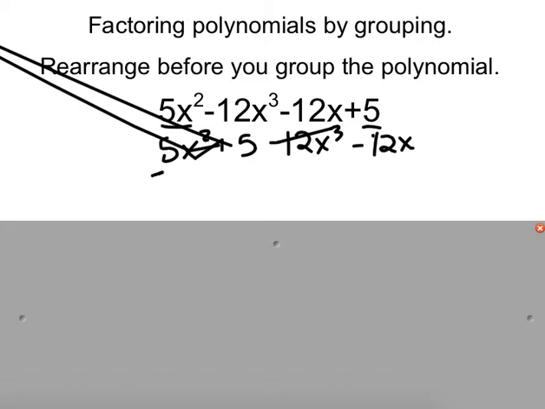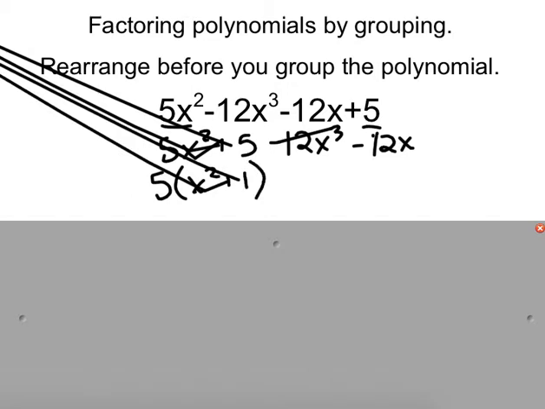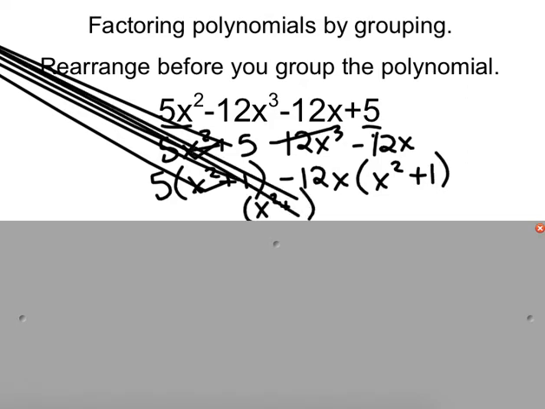So in the first case, I'm going to factor out a 5, and we have x squared plus 1. Okay, and for the second one, I'm going to factor out a negative 12x, and so I have an x squared and a plus 1 left over, which means that we have this x squared plus 1 in common between my 5 minus 12x.